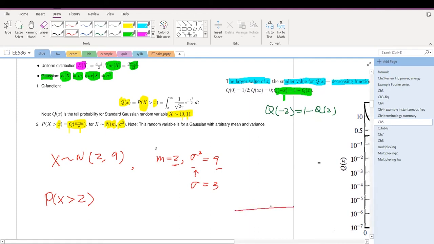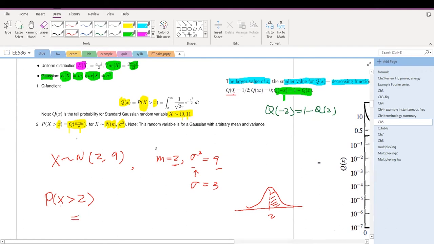We can see here the mean is at 2. So the probability of X greater than 2 should be half, and that should equal Q(0). So let's see.